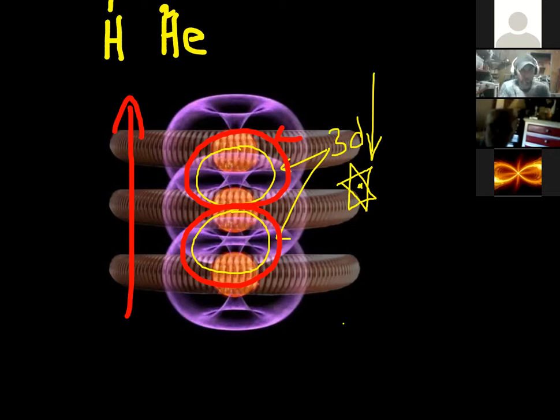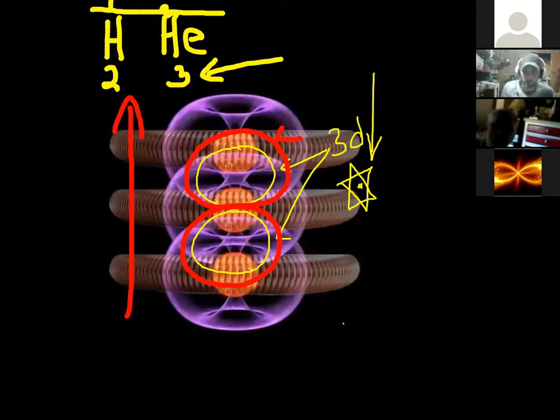On the spectrum of light, hydrogen is 2. Helium is 3, or the Trinity. So this is our old table of elements. This is the new table of elements, because when you're working with these plasmatic devices, you're only working with the light energy. You don't have to worry about mass. You don't have to worry about the color.